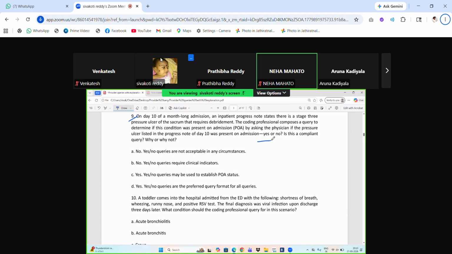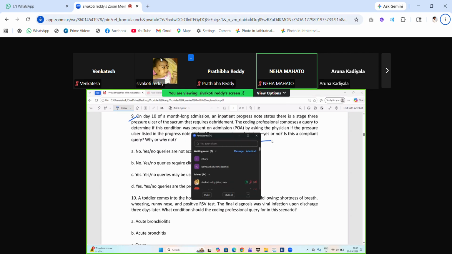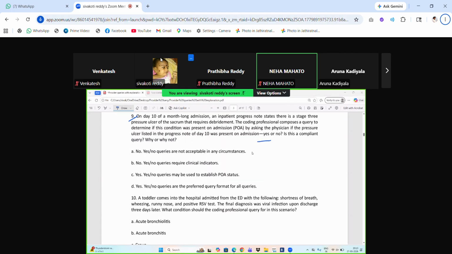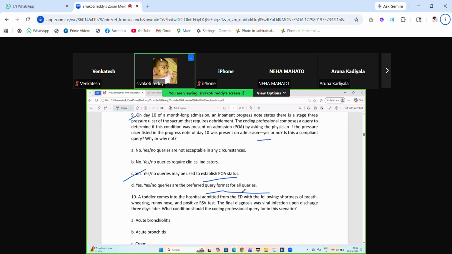Option C. Yes or no query may be used for establishing POA status. Yes or no query is not preferred for all queries. For POA we can use it, but all formats do not use the yes or no query. For POA we can use yes or no.